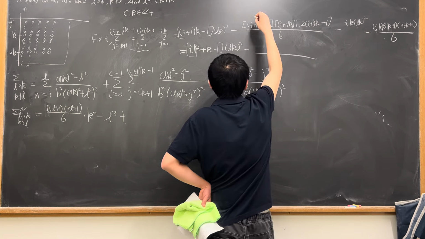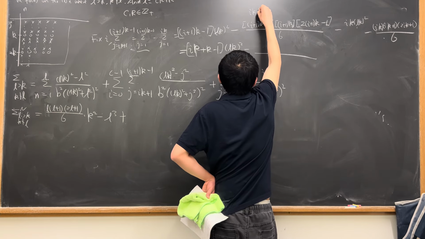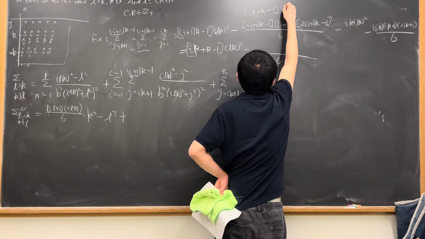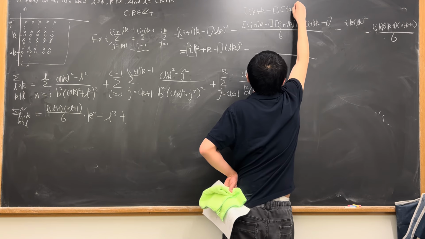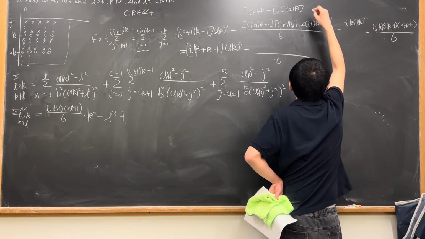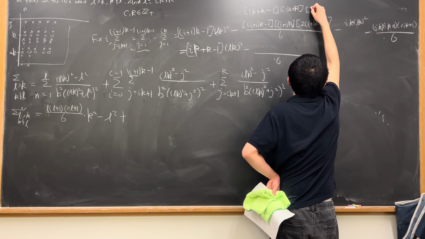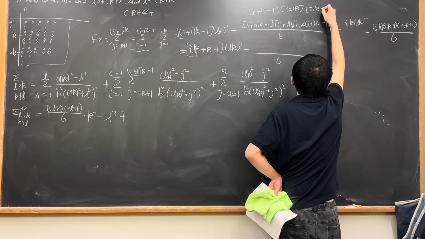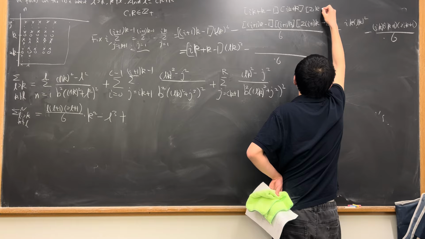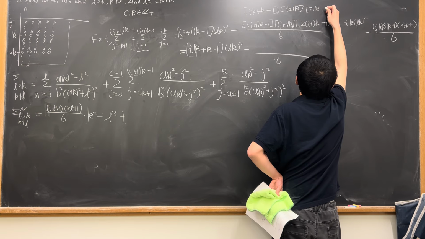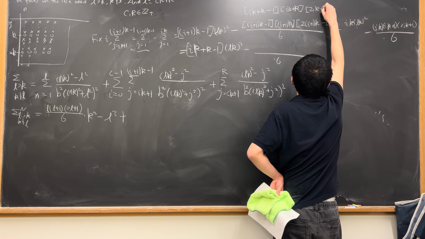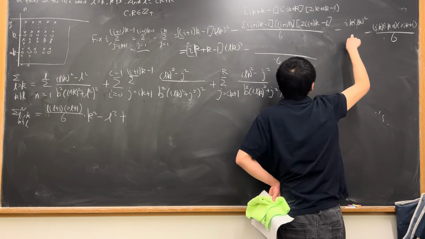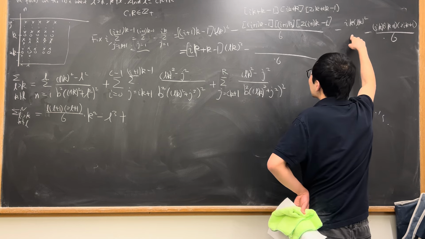Okay, so this is IK plus k minus 1, and then this one is just IK plus k, and then this one is 2ik plus 2k minus 1, and then this one is the same.